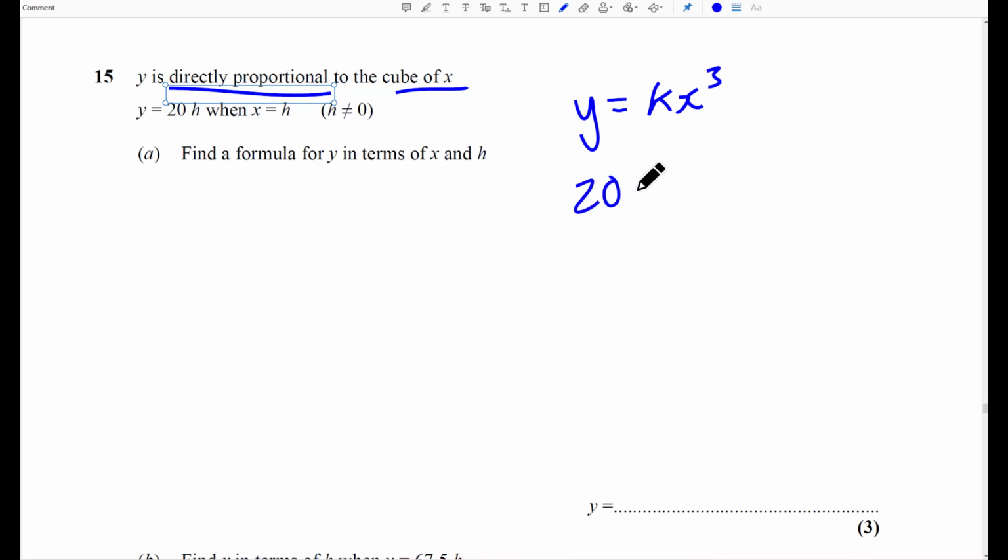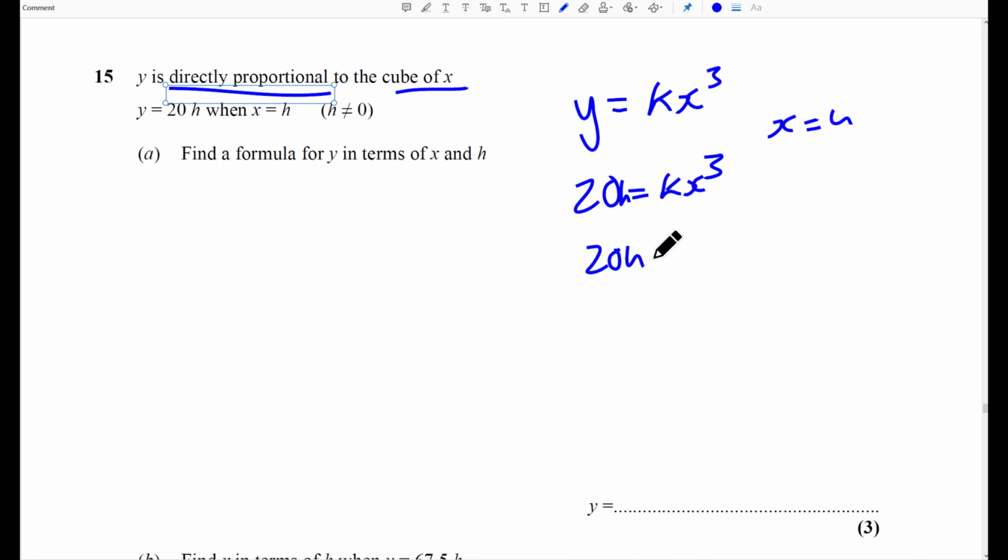So 20h equals kx cubed when x equals h. So we're just going to swap that as well. So that's 20h there.